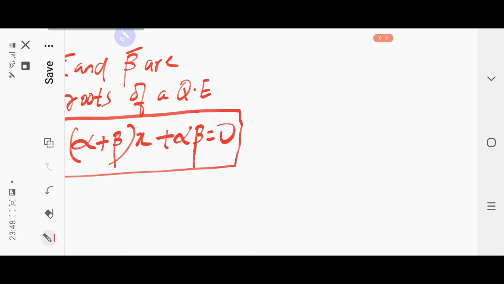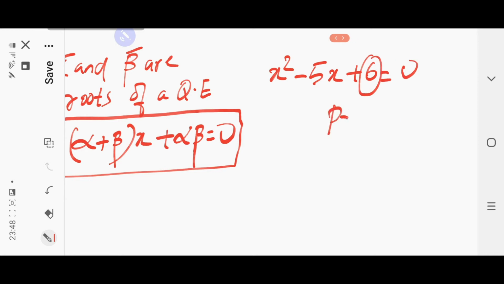That's why, whenever you solve a quadratic equation like x square minus 5x plus 6 equal to 0 by factorization, you say this is a product and the sum is taken as minus 5.